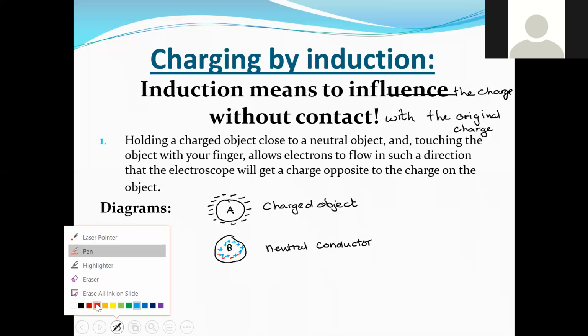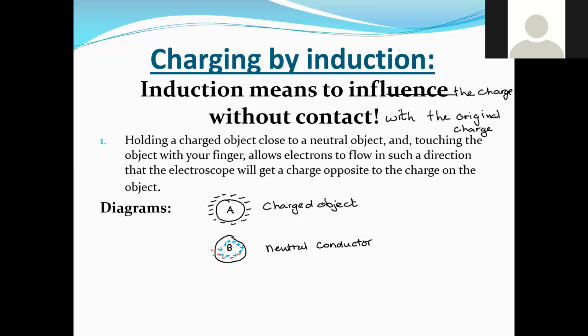So this is what we call polarization. When those electrons are pushed away from A to the bottom of B, this is called a shift of electrons, because of that force of repulsion that A has on it.